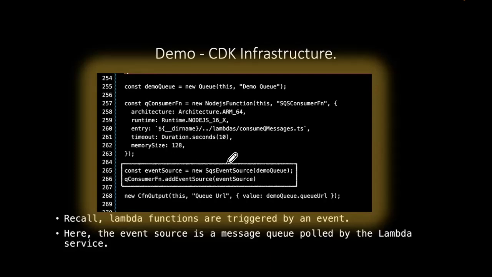This is another L2 construct, the SQS event source, and we're connecting this event source to our queue. And then we're making the event source a trigger for our Lambda. So as I say, it's a two-step process. Create your event source object first, and then link that event source as a trigger for your Lambda.